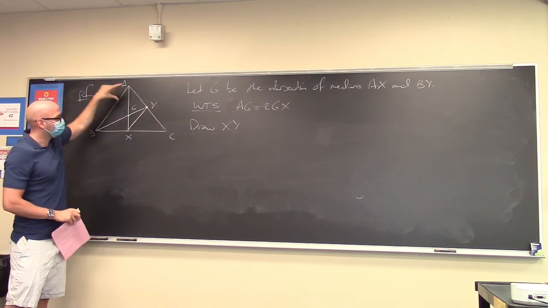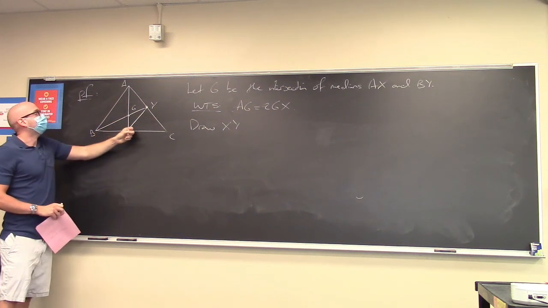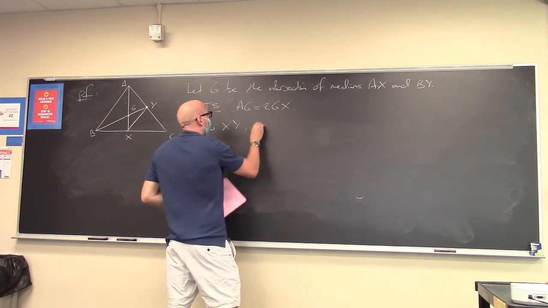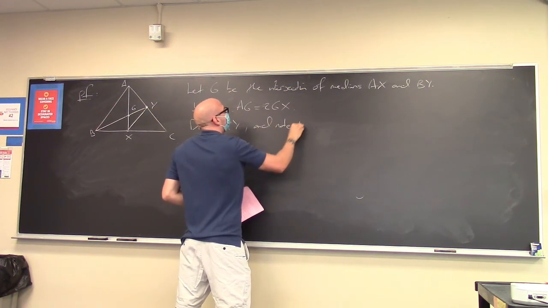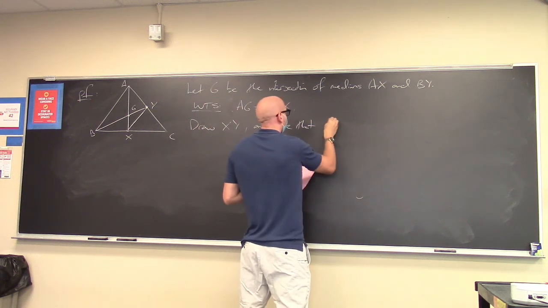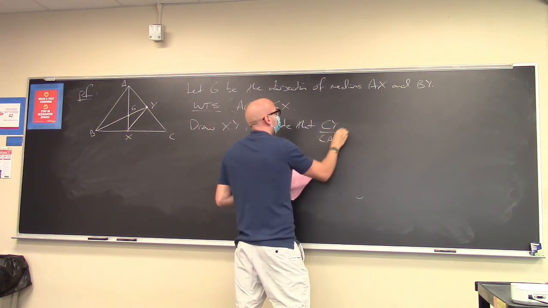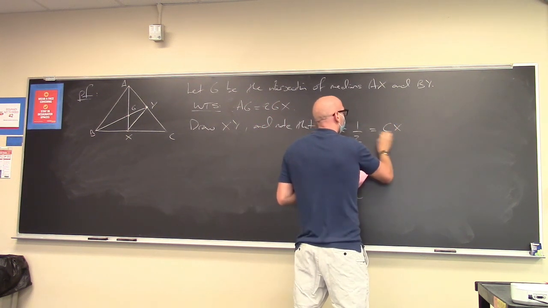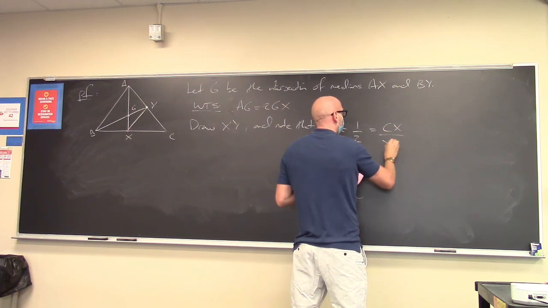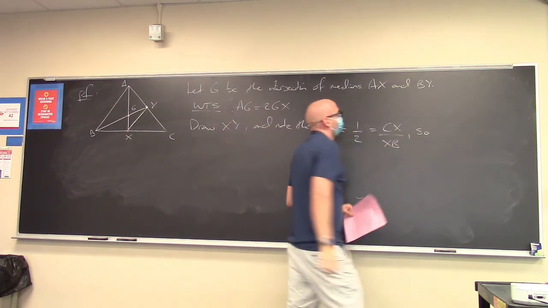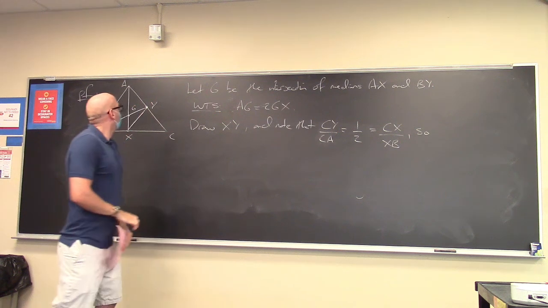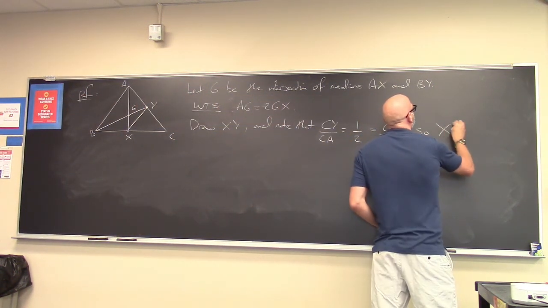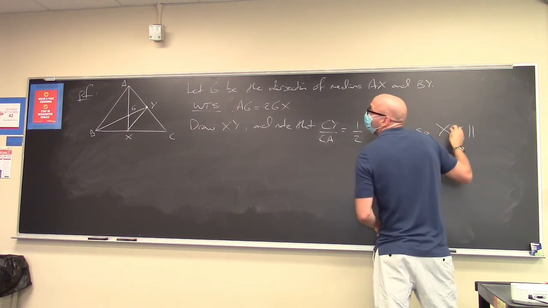So, because these sides are proportional in length, our lemma says that XY must be parallel to AB. So draw XY, and note that CY over CA, that's 1/2, which is CX over CB. So that means these two lines are parallel. XY is parallel to AB.